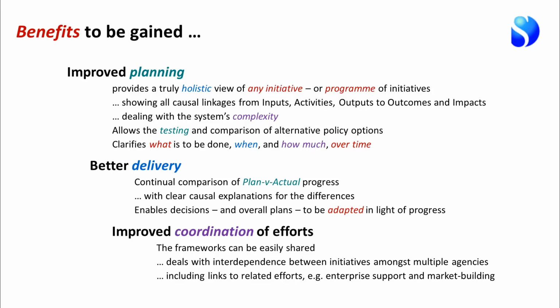The frameworks we've described in these presentations and the working models that we've illustrated can be very easily shared amongst project partners in a single initiative or in a single program for a single agency. And those frameworks and models deal very explicitly with the interdependence between different initiatives being pursued by multiple agencies. And you can go still further and include links to related efforts.